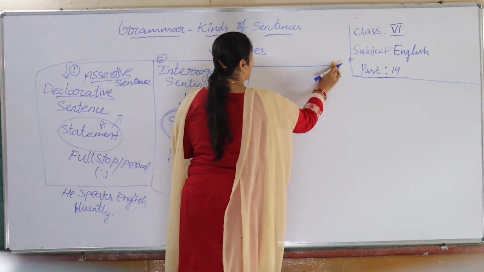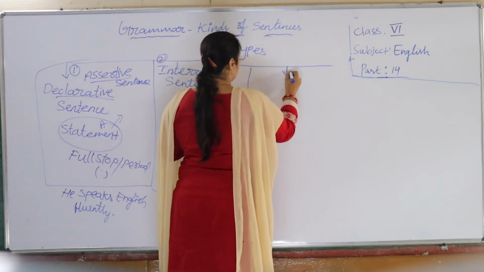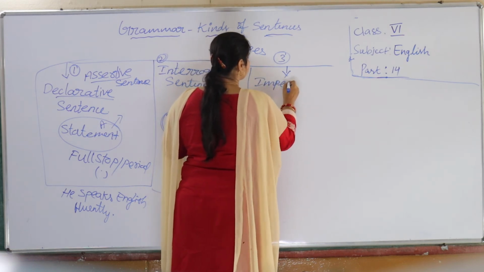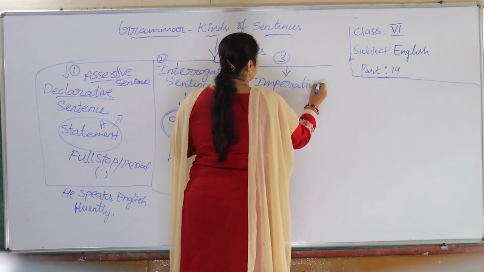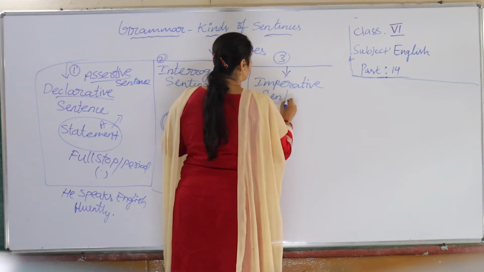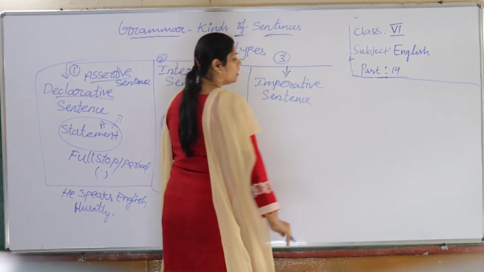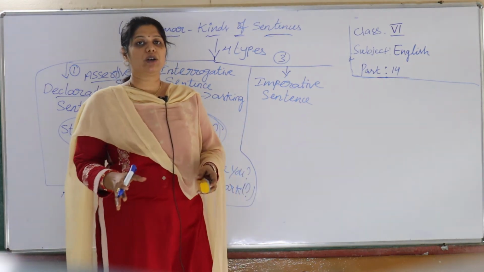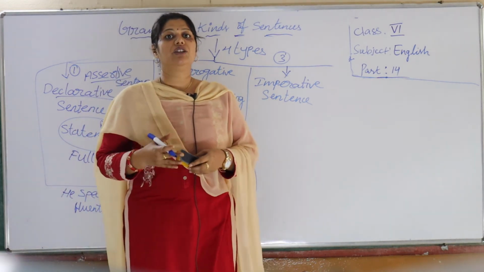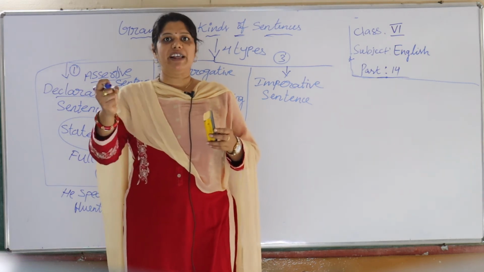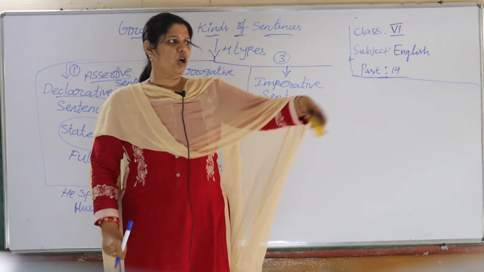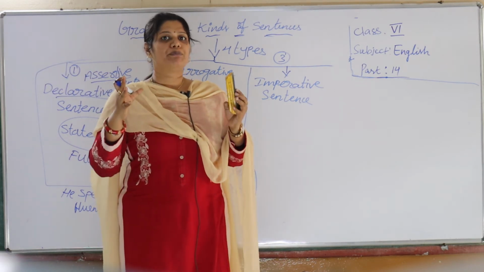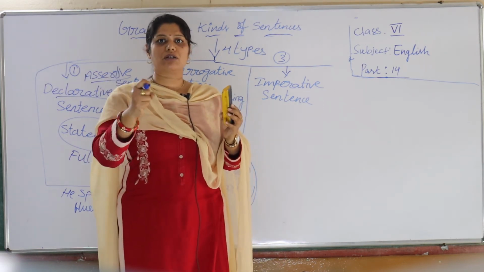The next part, the third kind of sentence, is imperative. Imperative sentence. Understand, children? Here imperative sentences are nothing but when you command, when you are commanding something, where you say go there, move here, sit down, where you are putting some kind of force upon that.